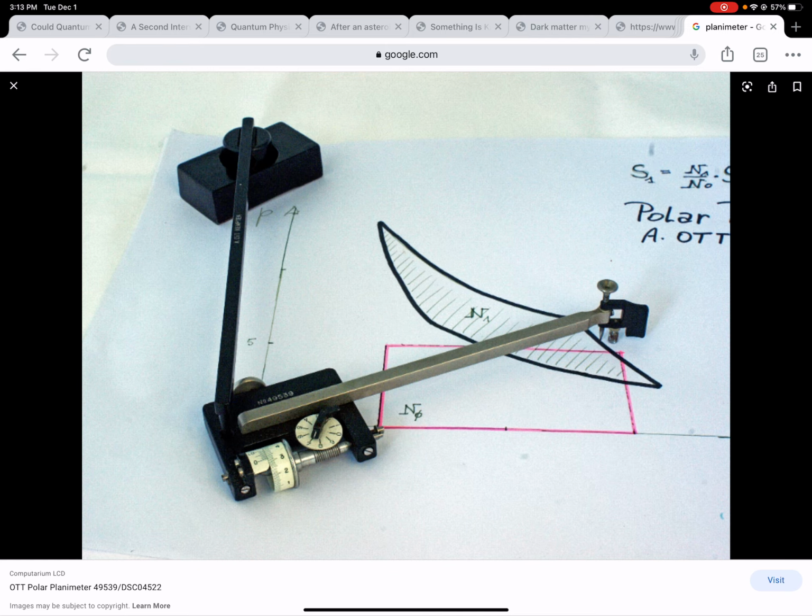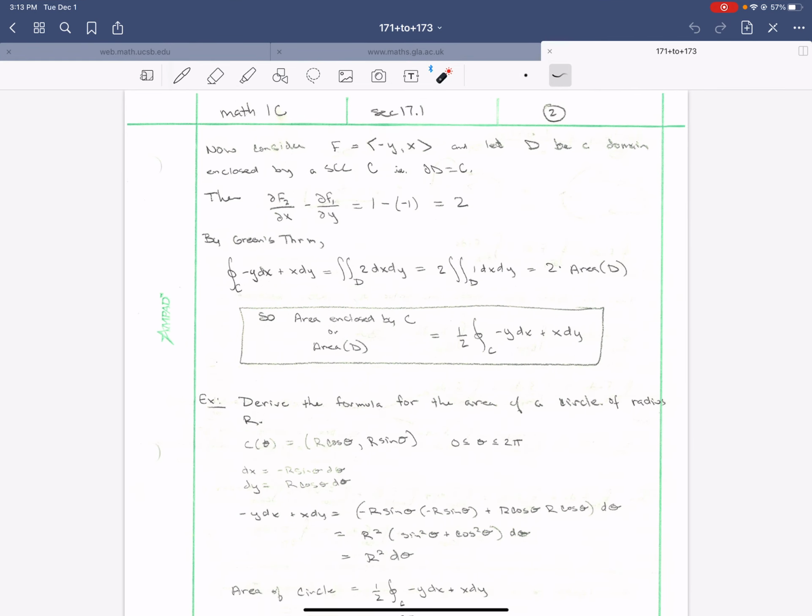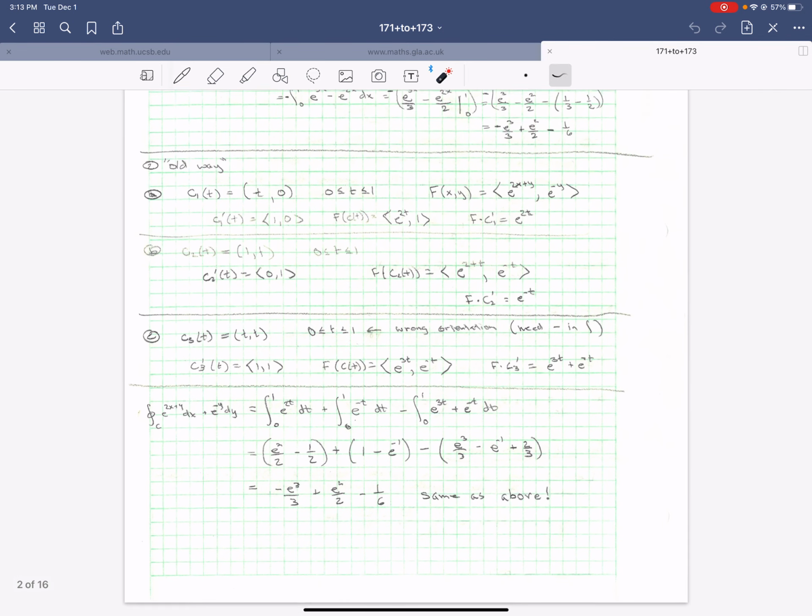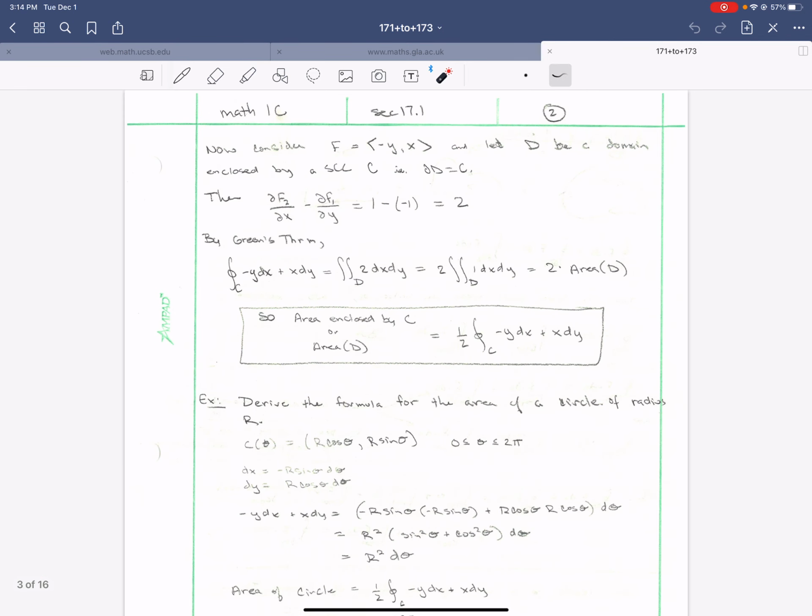And so that's called a planimeter, and it comes from this formula using a very specific vector field and applying Green's formula, and we can actually figure out the area of a certain shape. So that then, and here's something strange.